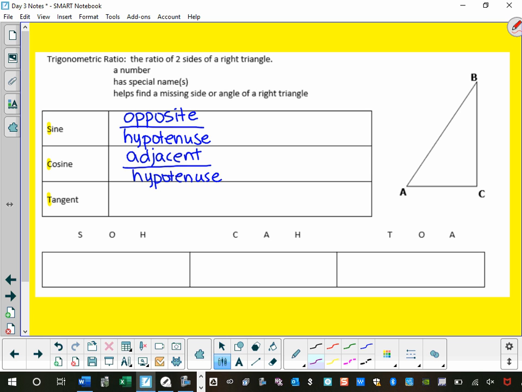And tangent is going to be opposite over adjacent. Those words should be very important.